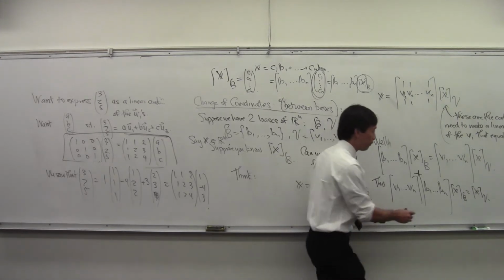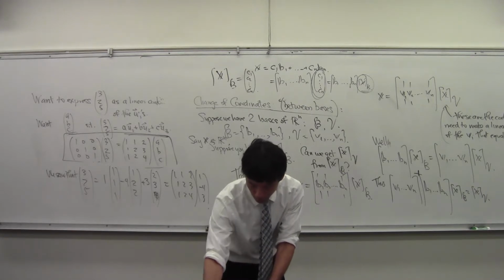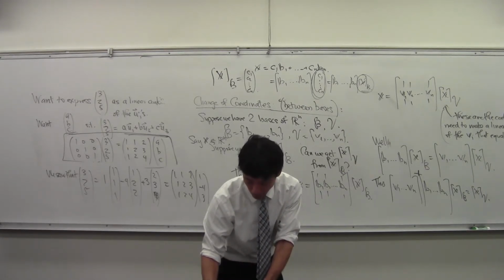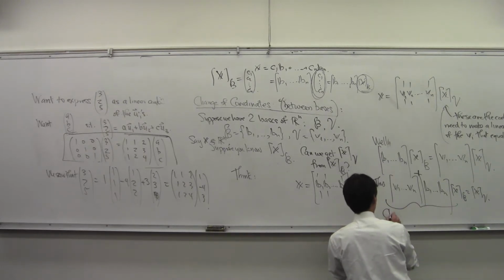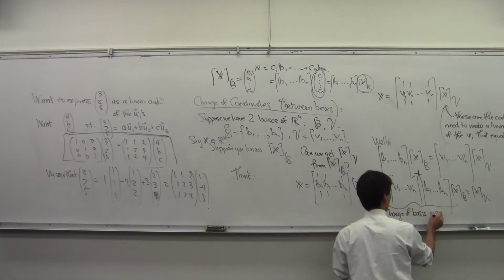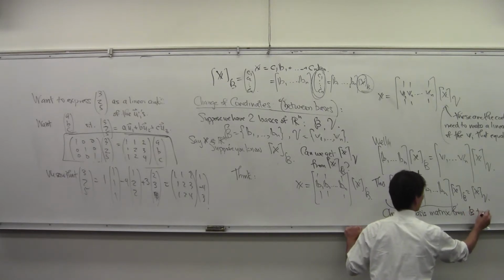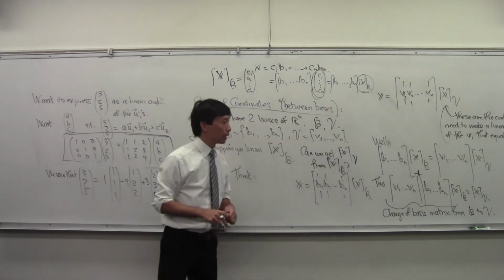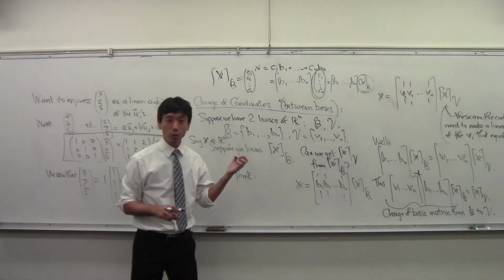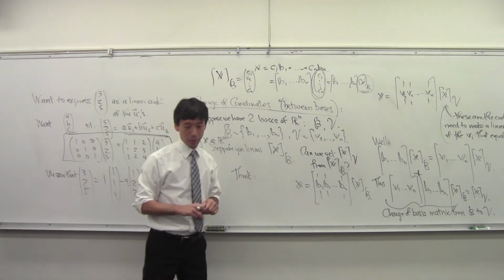This is how to get from one basis to the other, and this thing is called the change of basis matrix from B to B. You have the coordinate vector with respect to one basis, and it gives you the coordinate vector with respect to another basis.